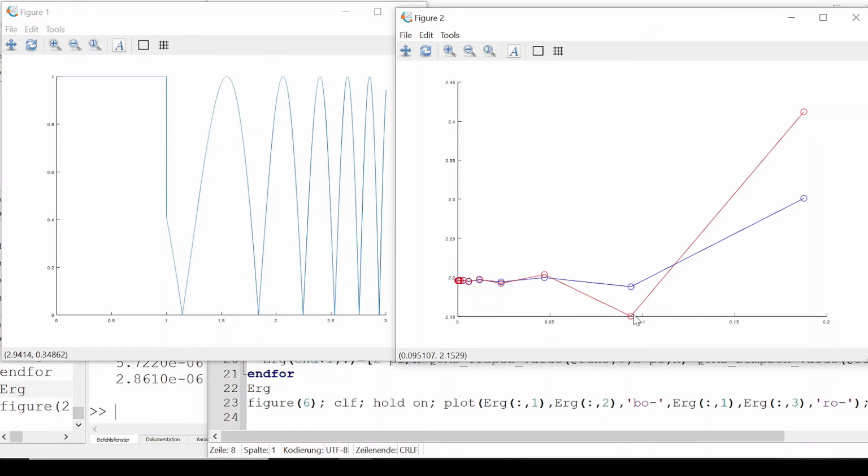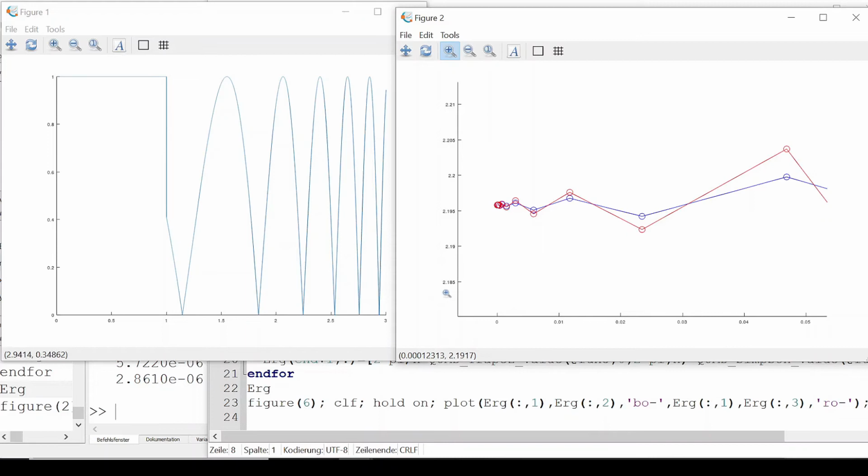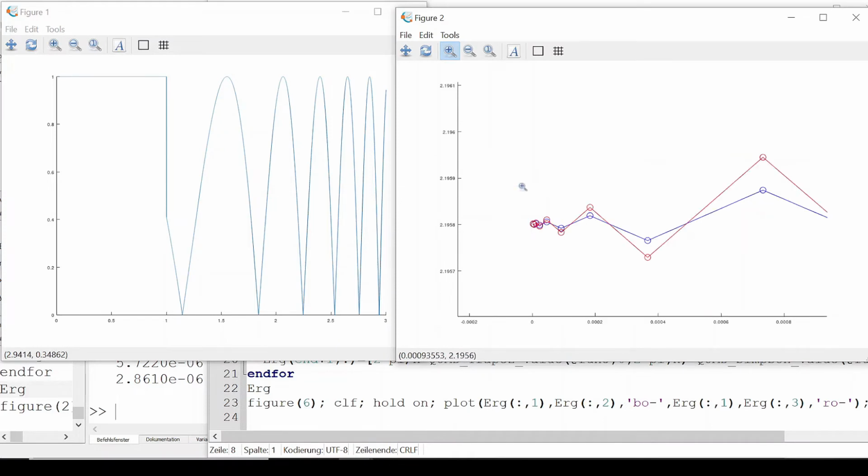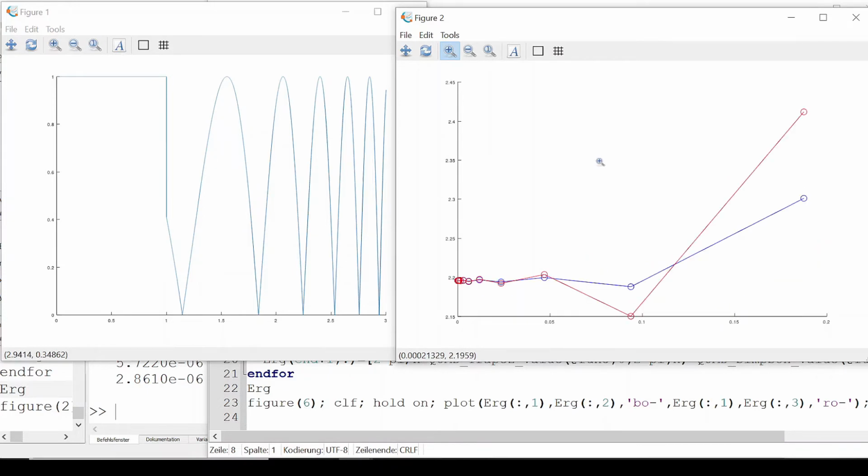Having 32 parts, the blue, the trapezoidal value is okay, some kind of approximation, and the Simpson is worse, and also here. So we see in this situation for that function the trapezoidal rule is always better than the Simpson rule. So in this situation, never apply the Simpson rule, because the simple trapezoidal idea works better.